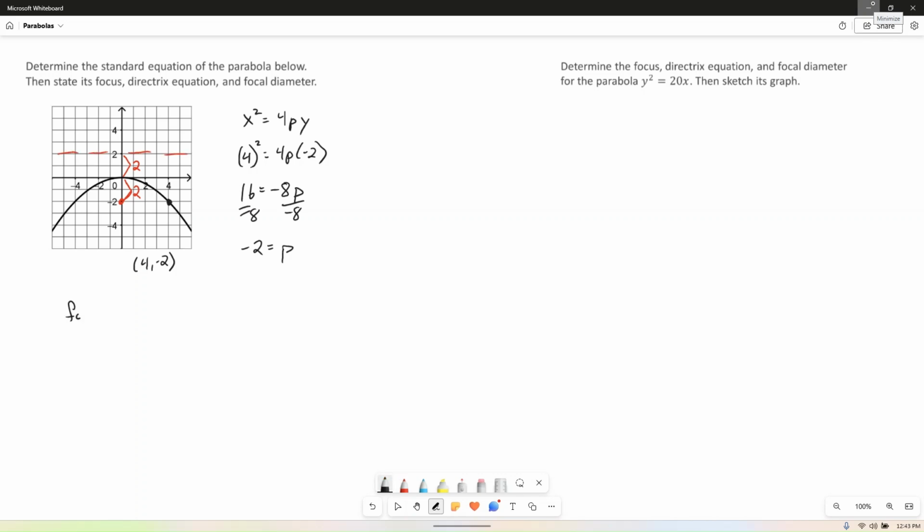So if my vertex is at the origin, then my focus is 2 units below the origin, so that's at (0, -2). And my directrix is 2 units above, and remember, a directrix is a line, either horizontal or vertical, so we want to write it as the equation of a horizontal or vertical line. In this case, it's a horizontal line, so we would have y equals 2.